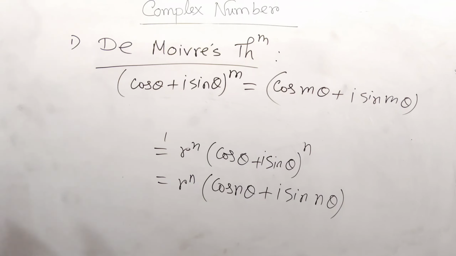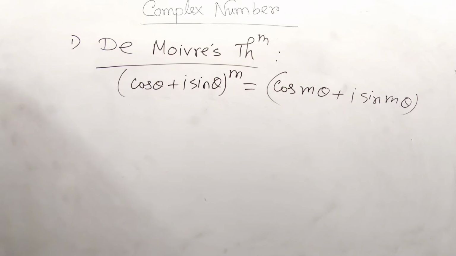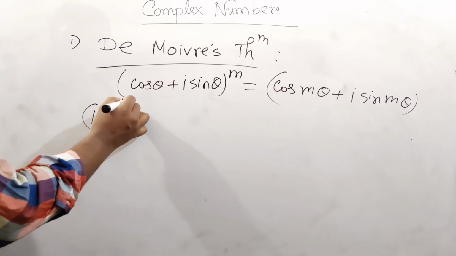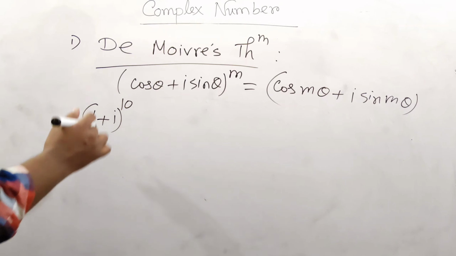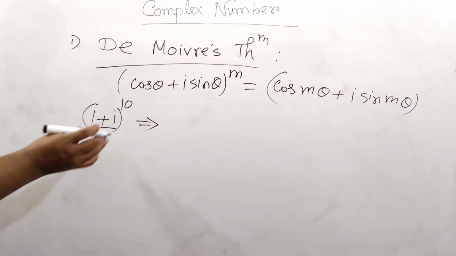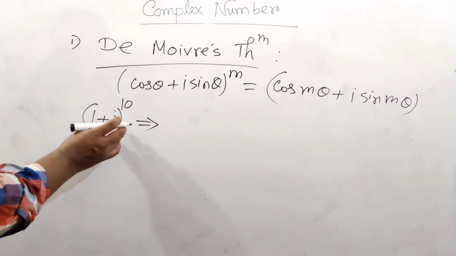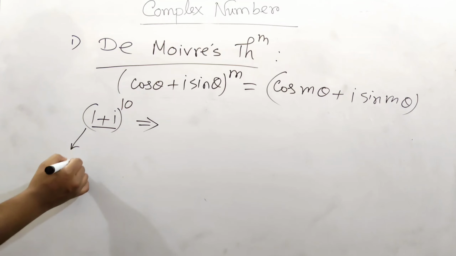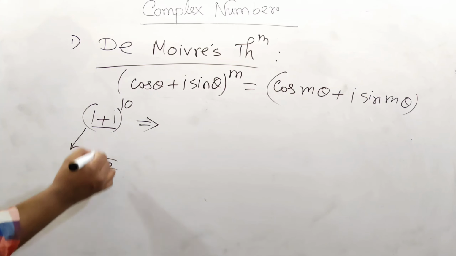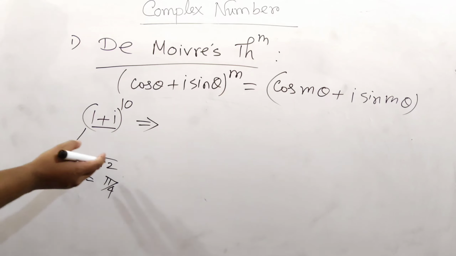Okay, so now I'll show an example from this theorem. If the question asks you what is the polar form of, let's say, 1 plus i to the power 10, how can we find this? First you find the polar form of the complex number inside, 1 plus i. Here r is root over 2 and theta is pi by 4. You can solve it at home, then you will get it.